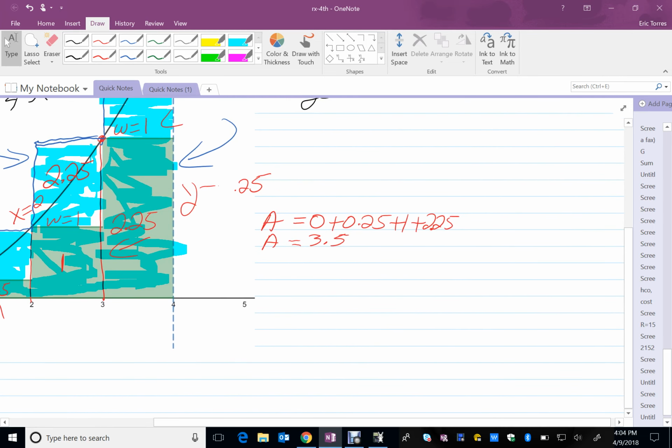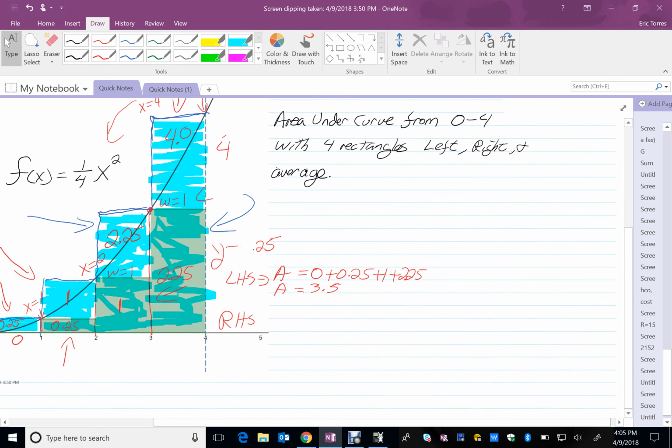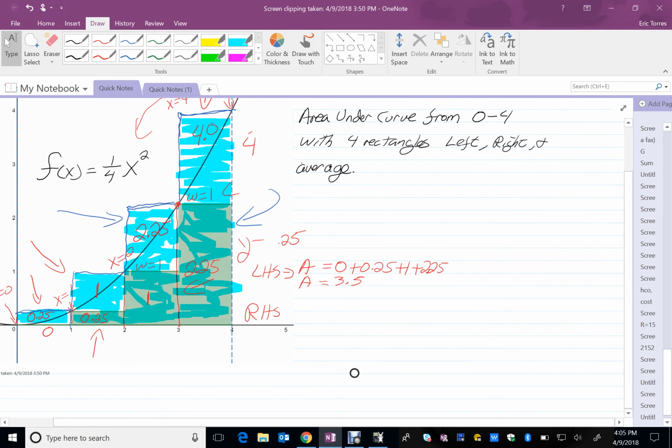So we've started off with a left-hand sum, and that's this area. Now I'm going to do a right-hand sum, and notice the first one is going to be 0.25. Next rectangle plus 1.